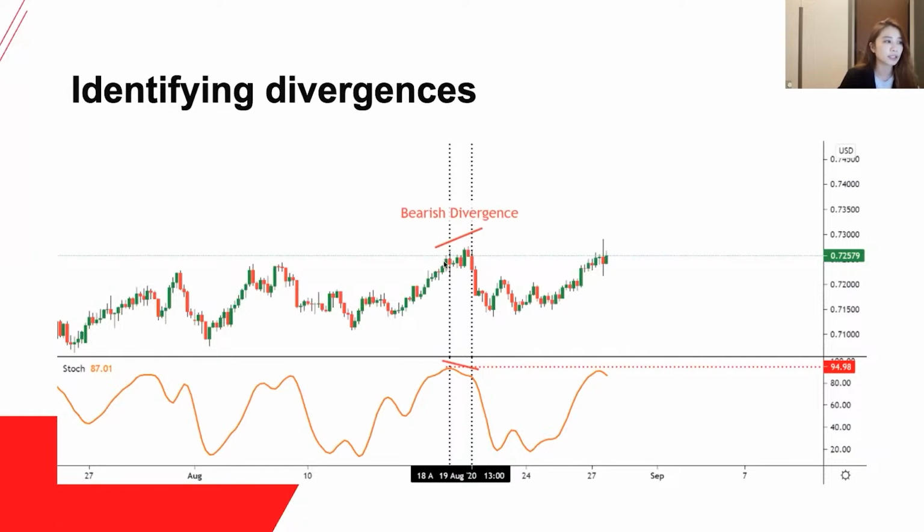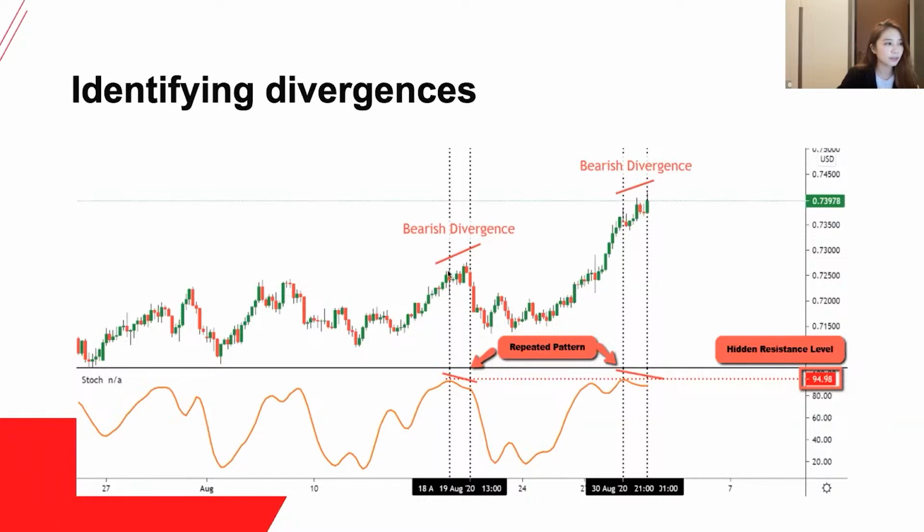Price actually closed off higher than before. However, in stochastics, they can capture a lower momentum, which is really odd, since the price actually did close higher than before, which is an indication of a divergence, which in this case we call a bearish divergence.